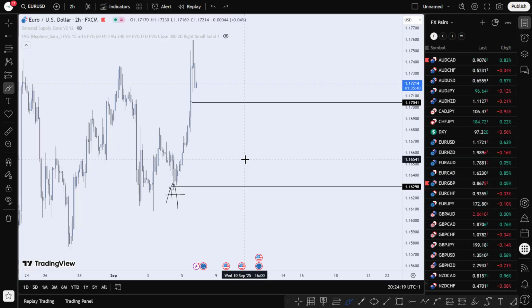But before I go to lot size, I want to be sure: do we understand the calculation of these pips before we move to lot size? Please give me your responses.